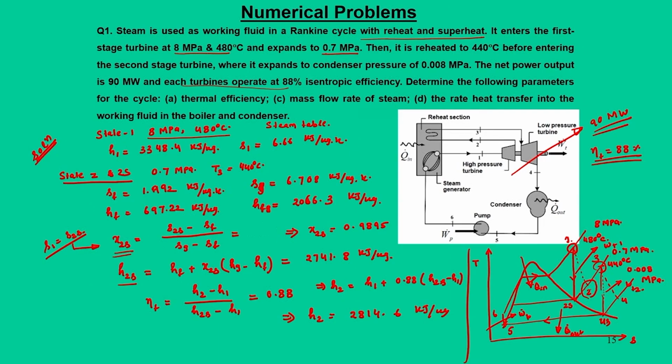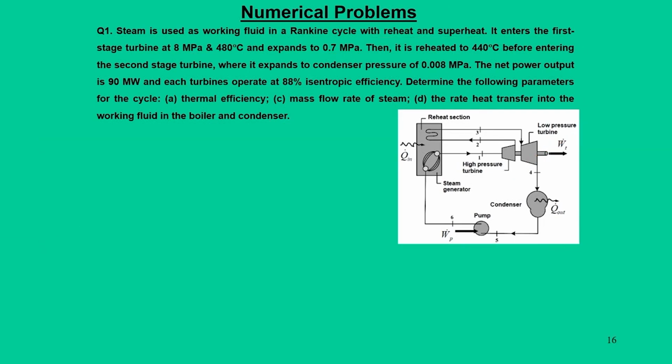So, we know states 2 and 2s, and then we move to state 3. State 3 is nothing but the entry stage of the low pressure unit of the turbine. The data we know is P3 is 0.7 megapascal and T3 is 440 degree centigrade.